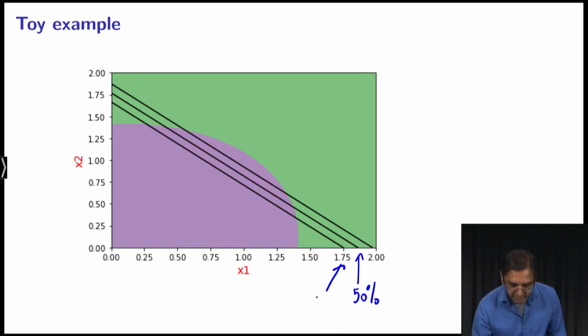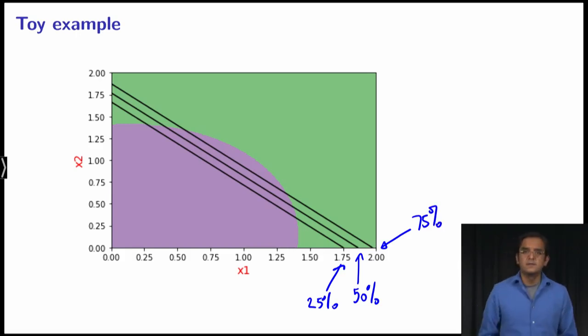This line over here is the 25% line. And this line on this side is the 75% line. Okay, so what it's saying is that if you look at this line on the top, if you look at the x's that lie along that line, there is a 75% probability that the label is green.